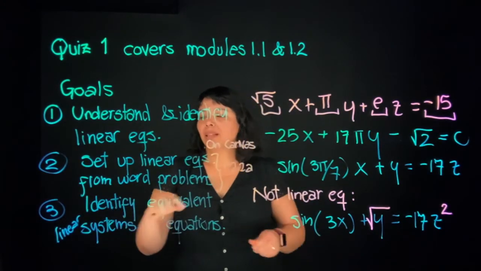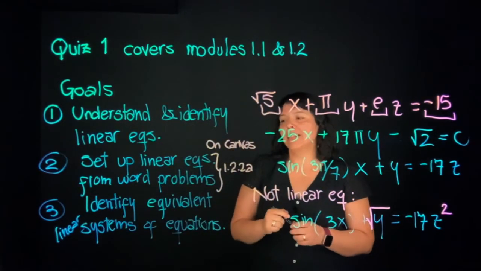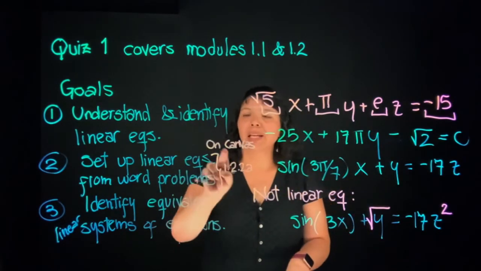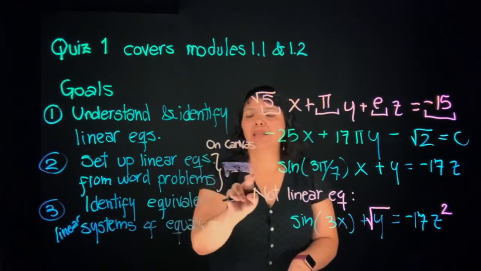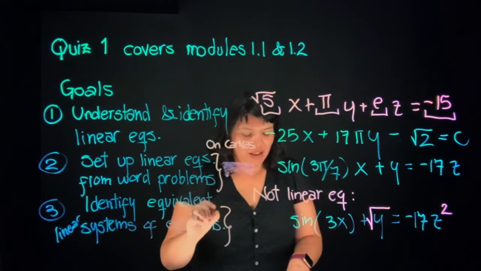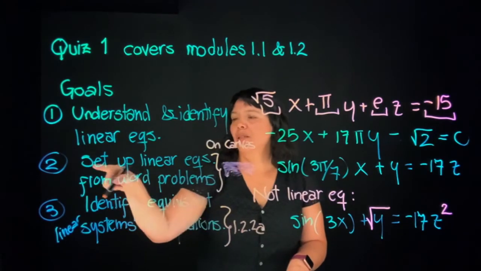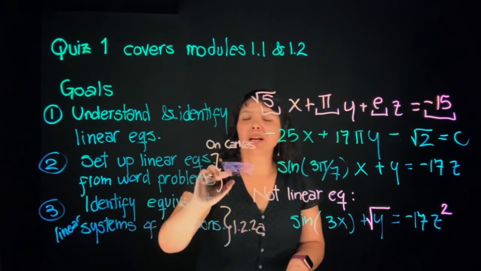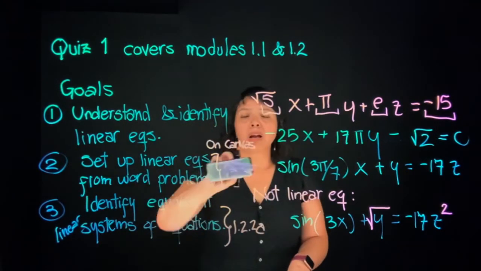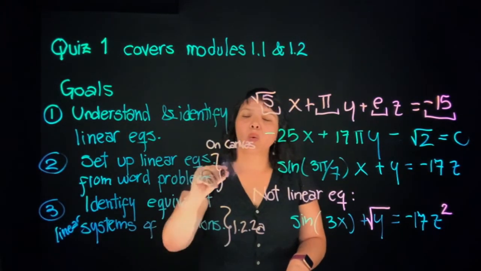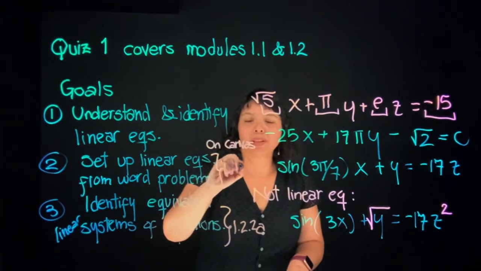And to identify equivalent linear systems of equations, actually, sorry, that is for 1.2.2a. For setting it up, I have on Canvas a video that is labeled as the type 1.1.a.